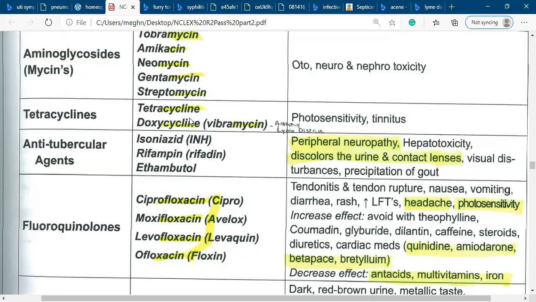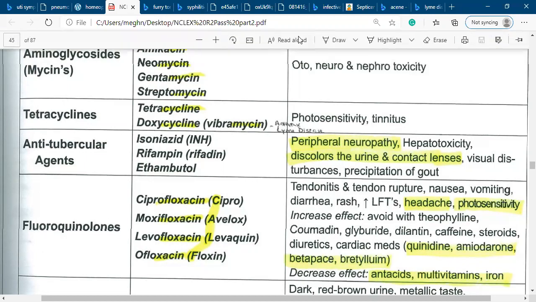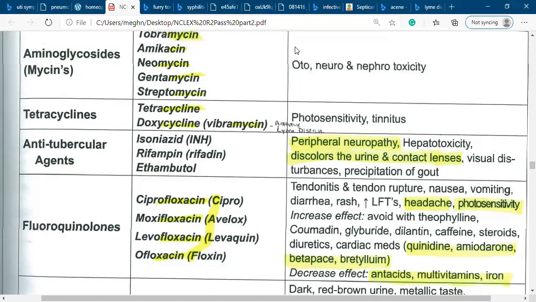When we store tetracycline at home, keep it out of direct sunlight. Monitor the liver enzymes, monitor the kidney function, and also monitor labs and urine output. If you give tetracycline to a patient, make sure the patient is not pregnant. Do not give it if pregnant or nursing, meaning if the mother is lactating, do not give it to them.